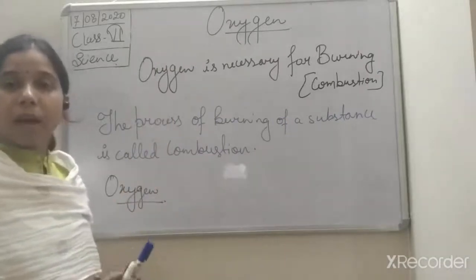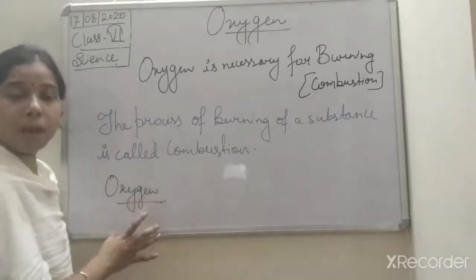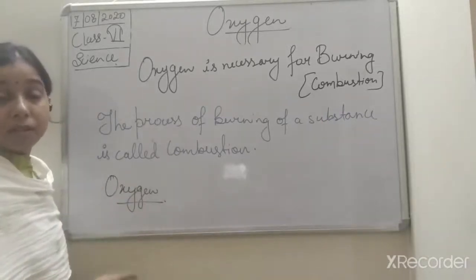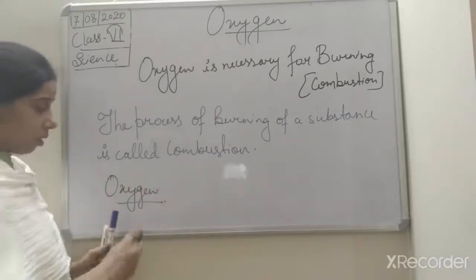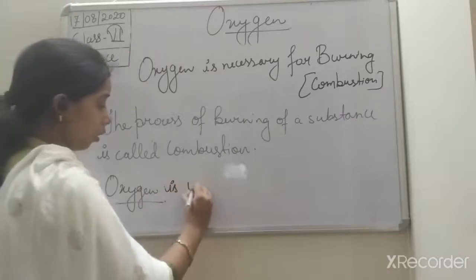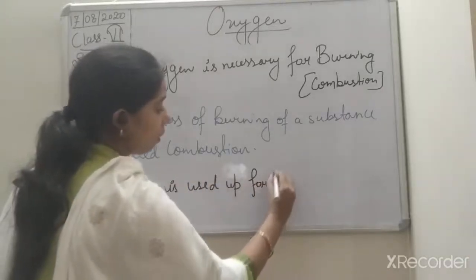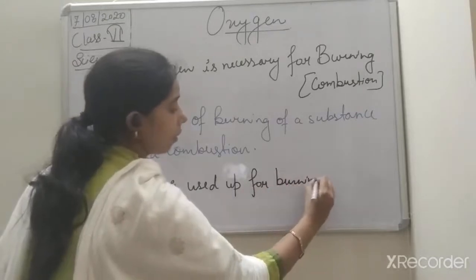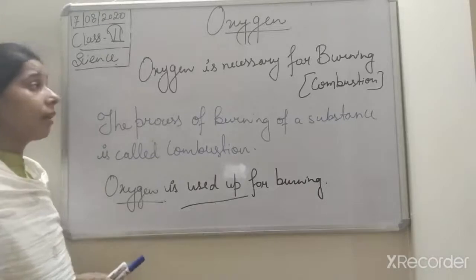Basically, a substance which is burning uses up oxygen for the burning. So we can say that oxygen is used up for burning, or that it is necessary.